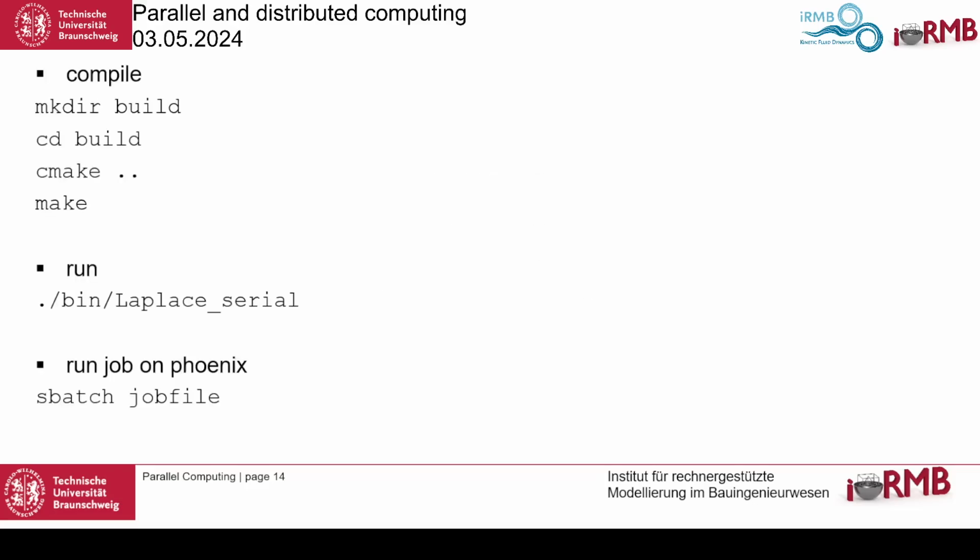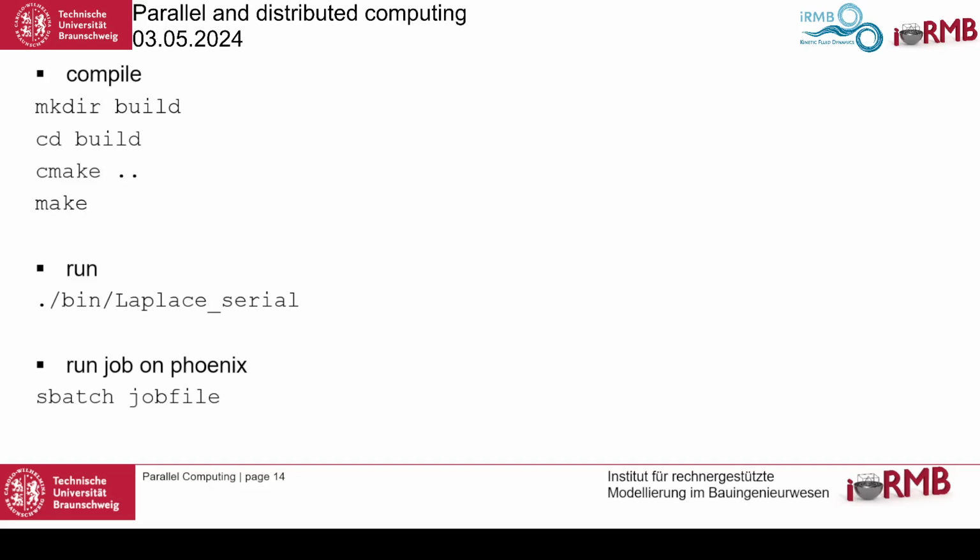The advantage of using a build folder is that when you want to get rid of all the stuff and do everything again, you can simply delete the entire build folder, because everything that has been generated by the build process is in the build folder, and only that stuff. This is why we use build folders.